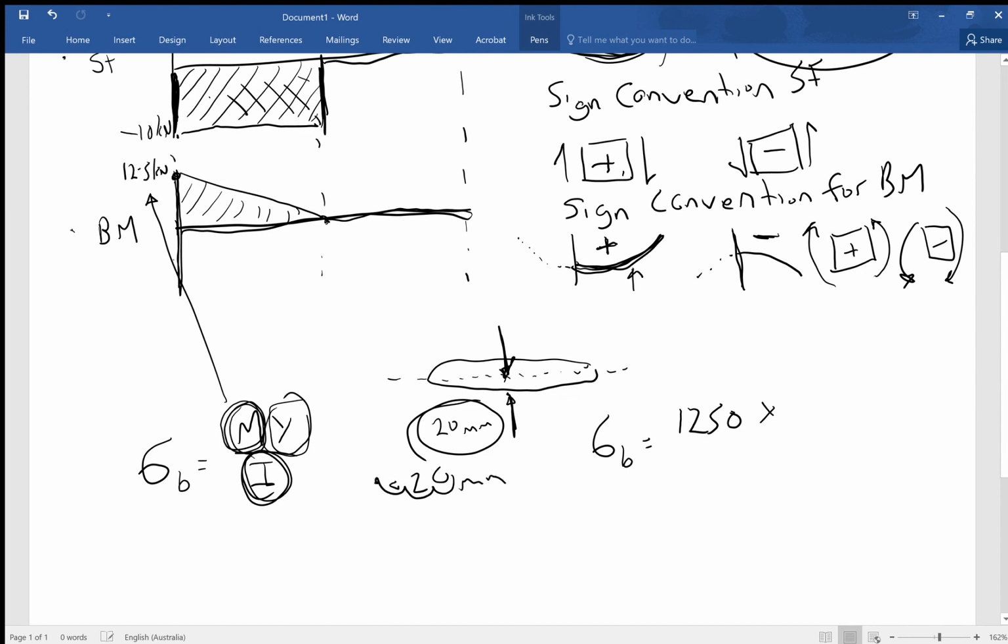So you end up with times 0.02, and you divide the whole thing by this value of I, the second moment of inertia, which they give you in the actual question. They're always going to give it to you because it's too hard to calculate in high school. So your I value is equal to 2 by 10 to the minus 6 meters to the power of 4. So we just put that value on the bottom.